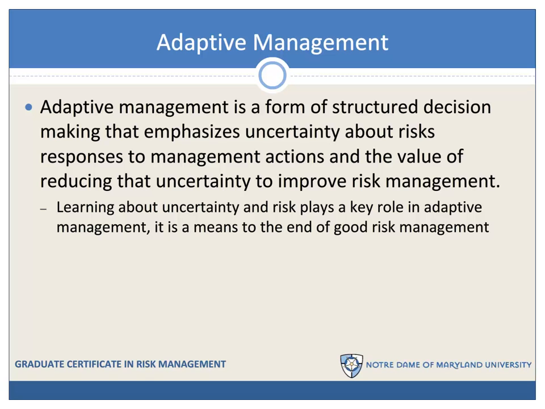Adaptive management is a form of structured decision-making that emphasizes uncertainty about risks, responses to management actions, and the value of reducing that uncertainty to improve risk management. Learning about uncertainty and risk plays a key role in adaptive management. It is a means to the end of good risk management. The U.S. Department of the Interior has produced an especially useful document describing adaptive management strategies in great detail. It's available in your course site.